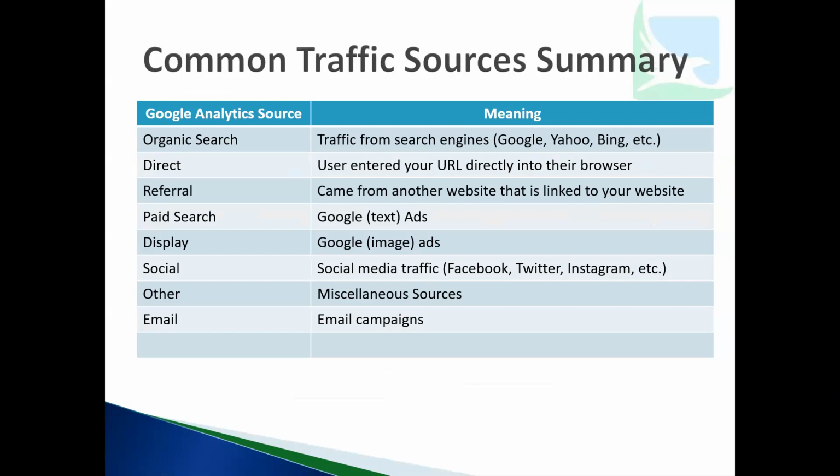Organic search, that's the traffic that's coming from your search engines. And then direct traffic, referrals, paid search is your Google advertising or your Google Grants account. All those different sources. There could be other sources as well. That's just a few of them, for example.